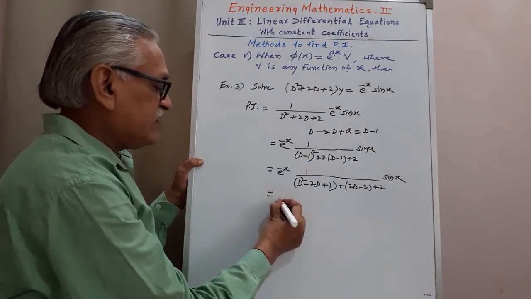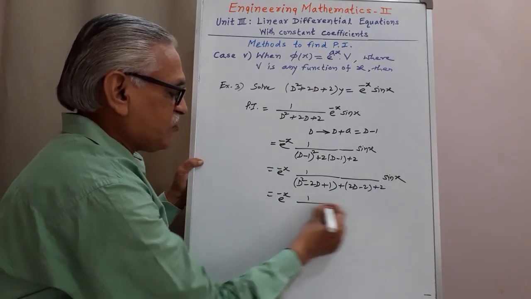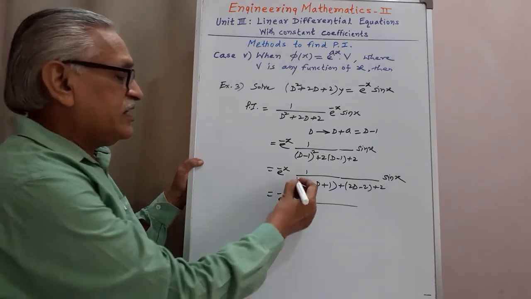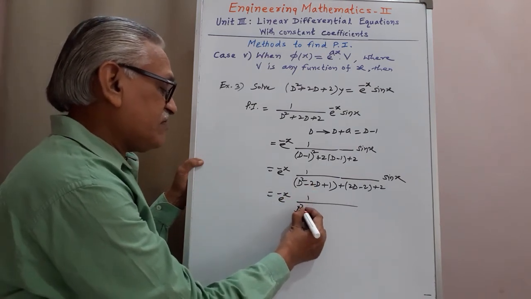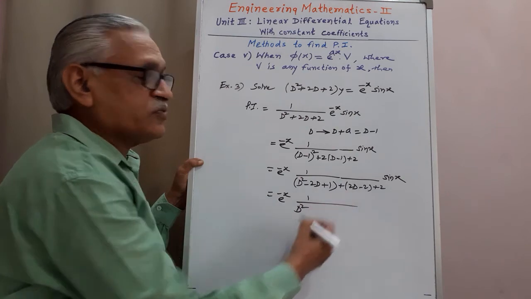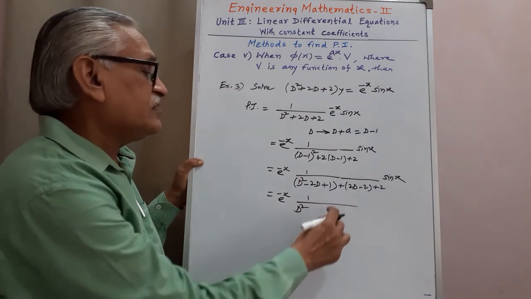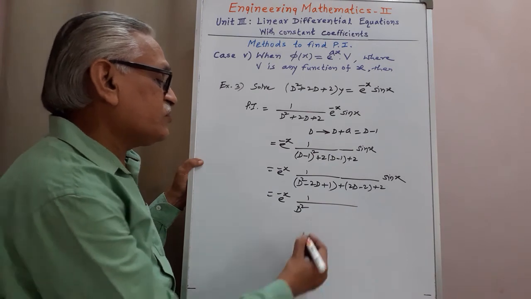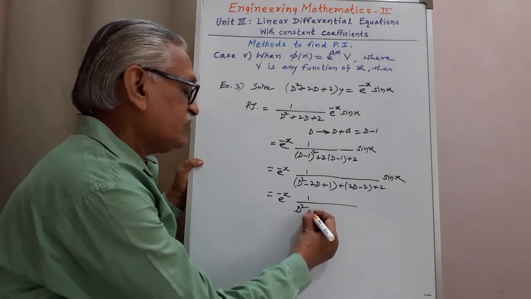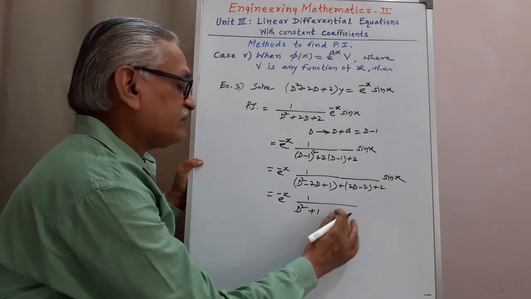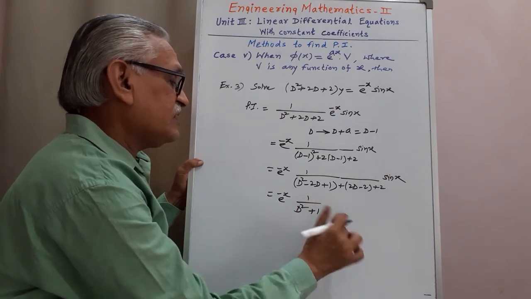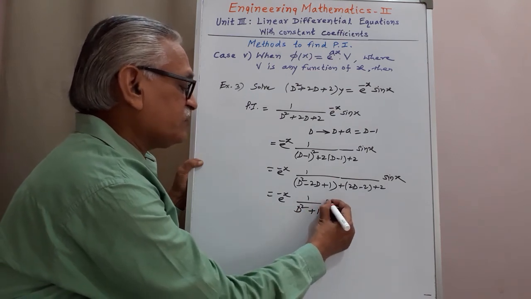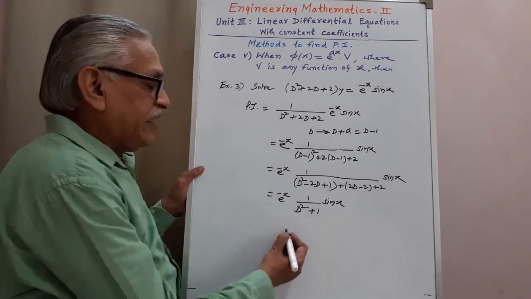Simplifying it, we get e raised to minus x 1 upon D square, minus 2D plus 2D getting cancelled, 1 minus 2 plus 2, we get plus 1, operated on sin x.